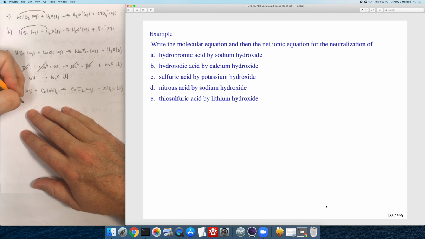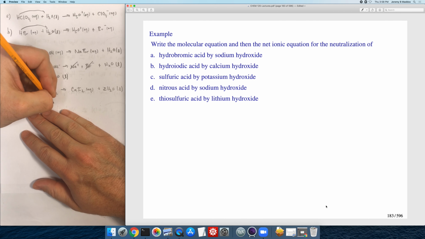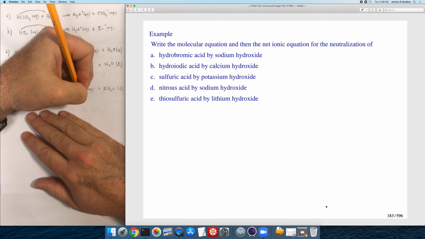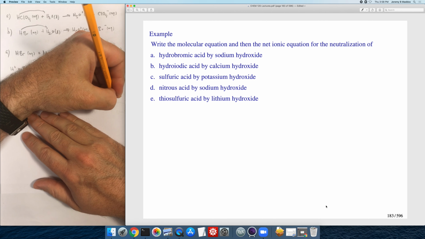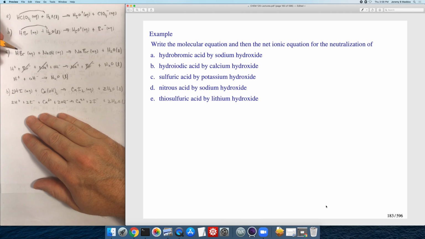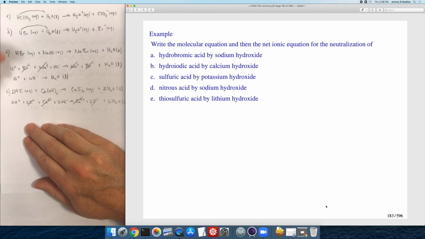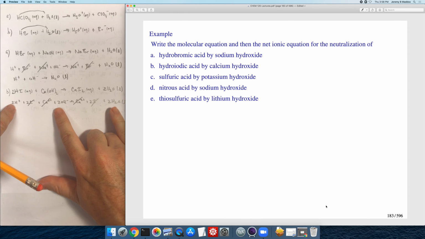2H plus 2 iodides, calcium 2 plus 2 hydroxides, calcium 2 plus 2 iodides, and then we leave the waters alone. Cancel the spectator ions, the calcium and the iodide. And then we're going to have H plus OH minus gives us water. We can reduce the coefficients.